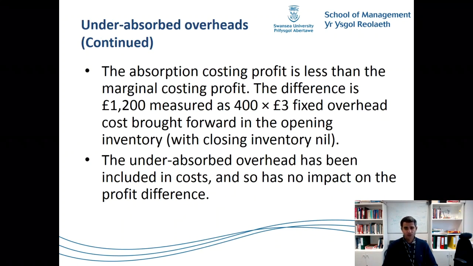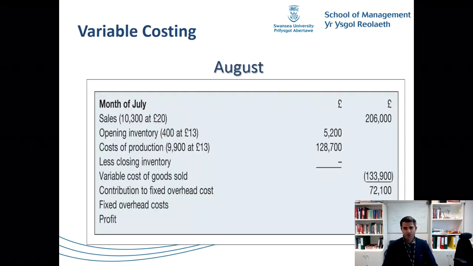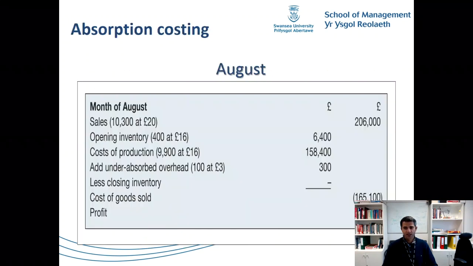You need to multiply by the fixed cost element there, and that's what you can see. August 4,200, and August absorption operating profit 4,900. So if you see the difference, there is a £1,200 difference. That's due to closing inventory.